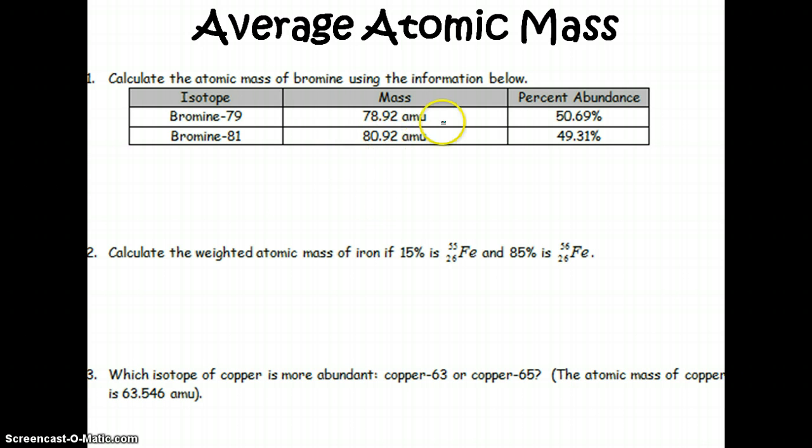So here we have 78.92 times 0.5069, taking it out of percent and putting it in decimal, and that gives us 40.004548. Then 80.92 times 0.4931 is going to be 79.